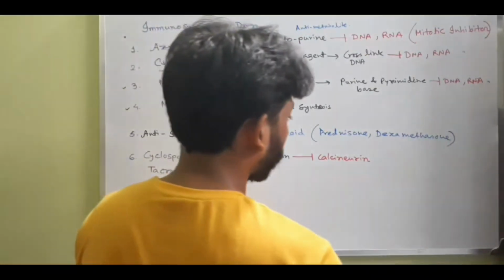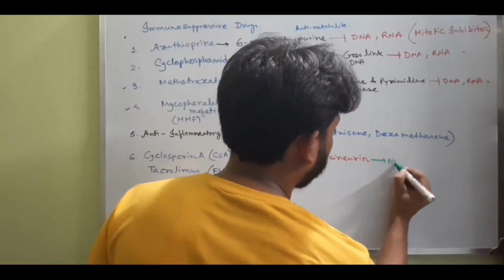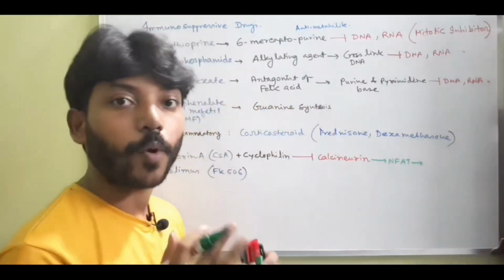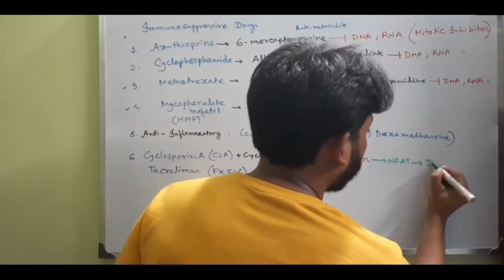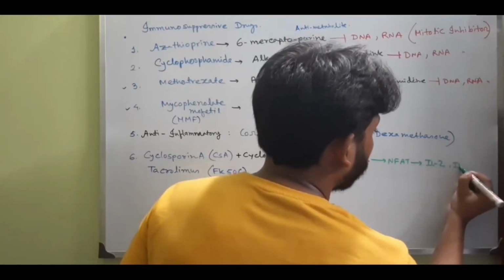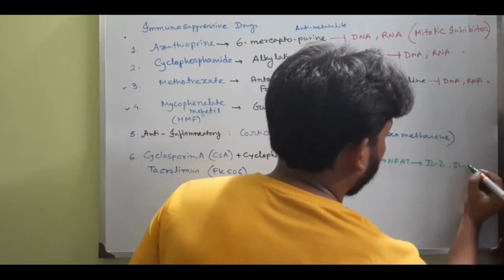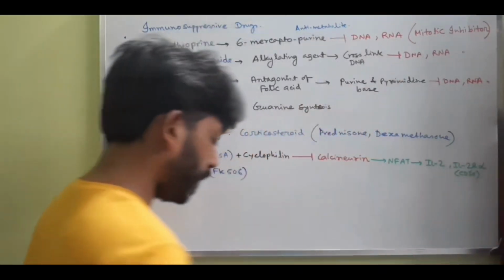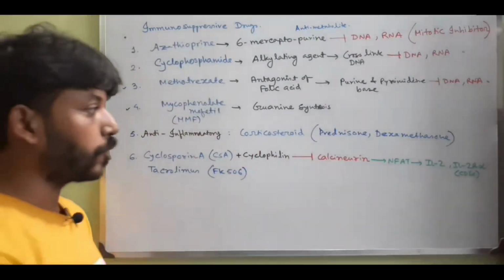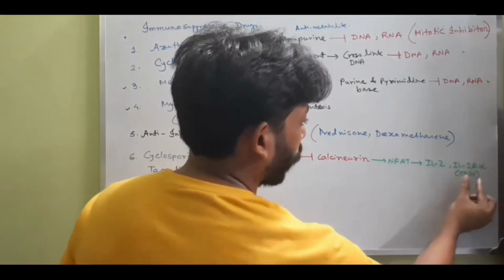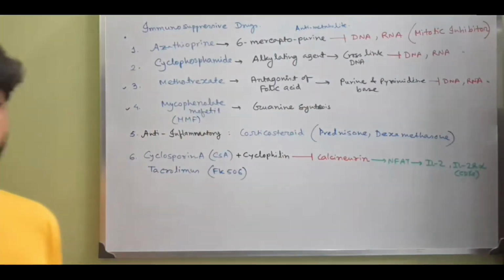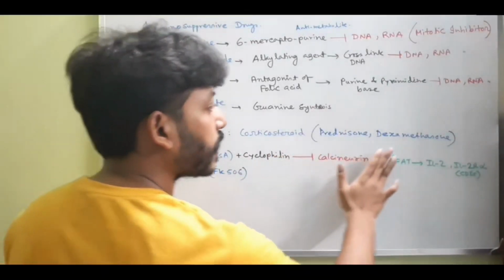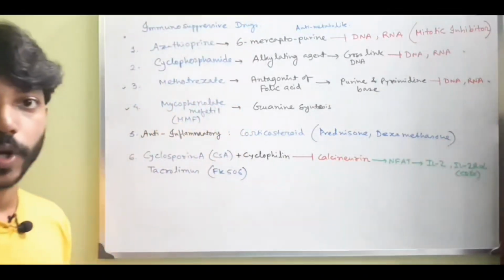Calcineurin activates a transcription factor called NFAT, and NFAT helps to transcribe 2 important genes: IL-2 and IL-2 receptor alpha, that means CD25. In my T-cell activation class, I discussed the role of IL-2 and CD25, the IL-2 receptor alpha subunit. So when cyclosporin inhibits calcineurin, this whole chain reaction stops.